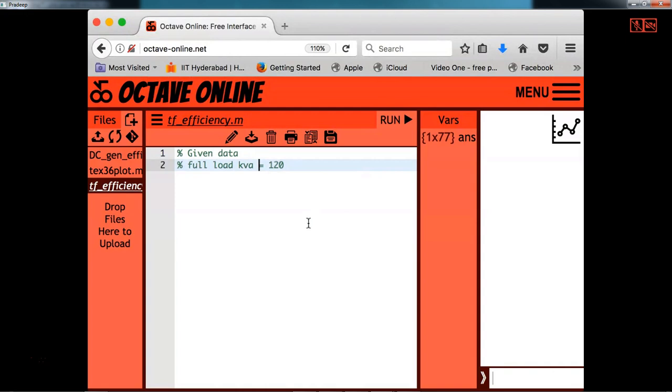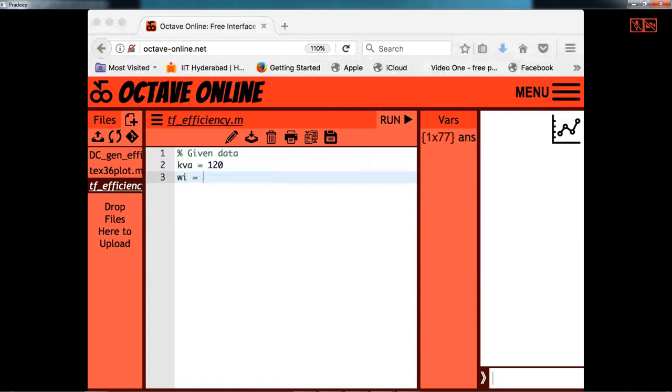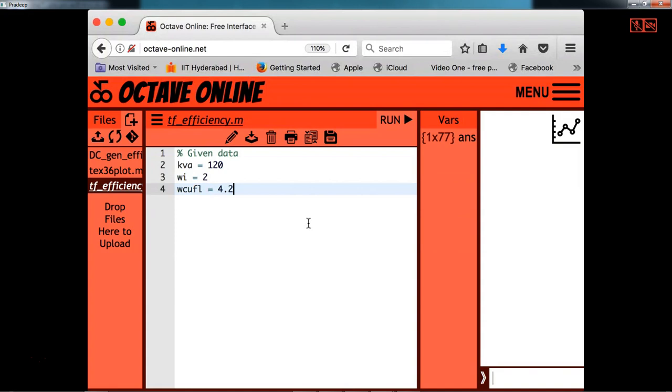Then iron loss Wi, 2 kilowatts. Then copper loss WCUFL, full load copper loss equal to 4.2 kilowatts. So this unit is in kilowatts. And then power factor PF equal to 0.8.